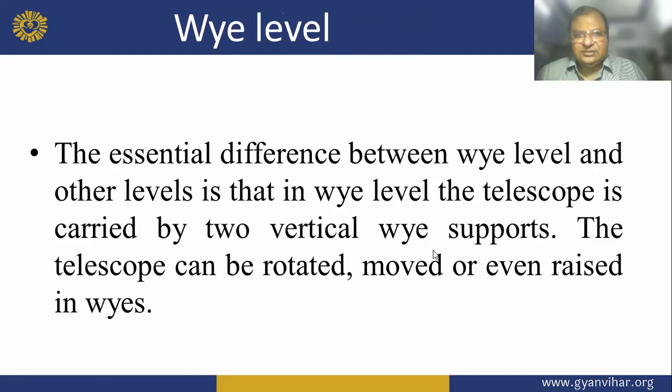And the Y level. The essential difference between the Y level and other levels is that in the Y level, the telescope is carried by two vertical Y supports, and the telescope can be rotated or moved.